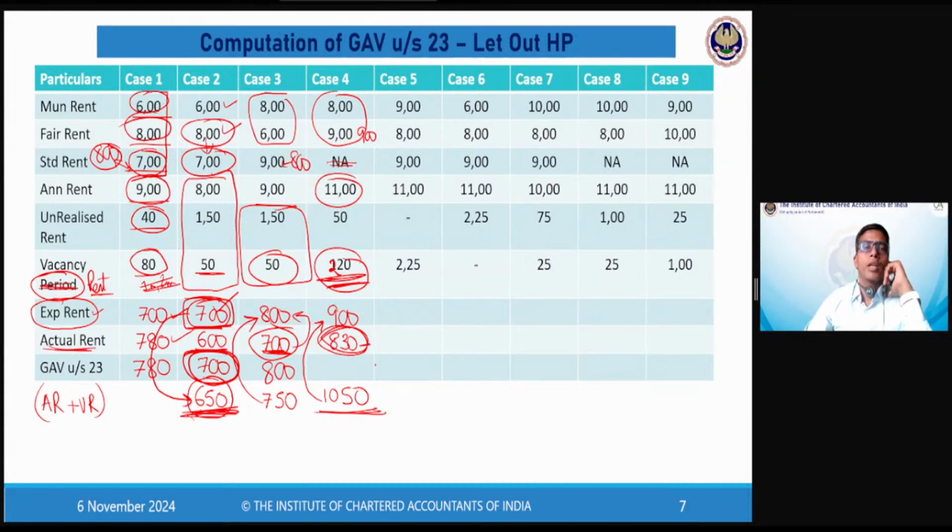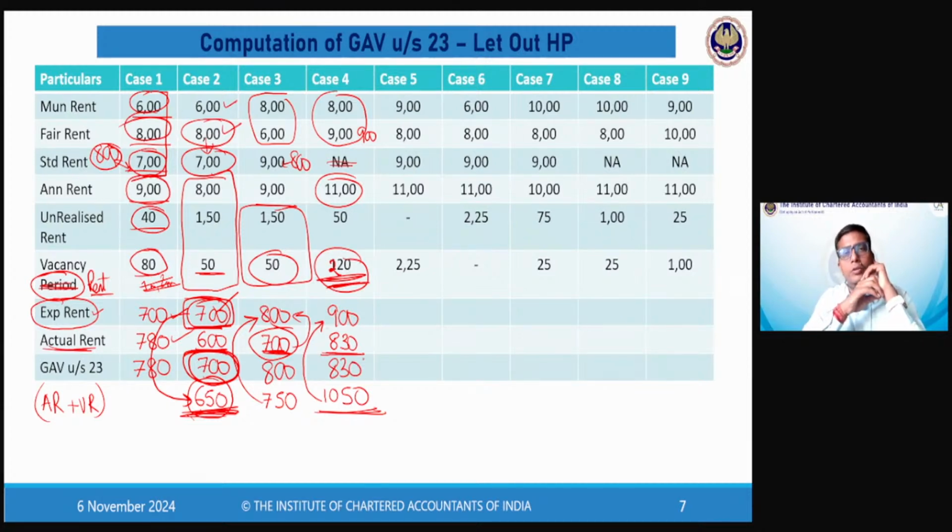Even though AR is appearing less, that is because of vacancy. Had there been no vacancy, my AR would have been greater than ER. So since vacancy here is the factor which is reducing the AR, now the law says GAV will be AR.